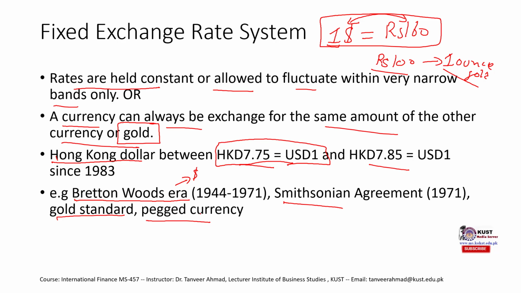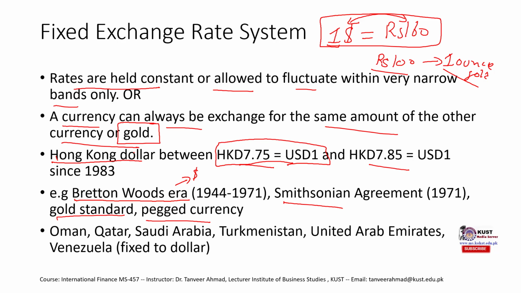And these pegged currencies essentially are fixed exchange rate systems, right? Currently, Oman, Qatar, Saudi Arabia, Turkmenistan, UAE, Venezuela follow a fixed exchange rate system, but they fix their currency in terms of dollars.